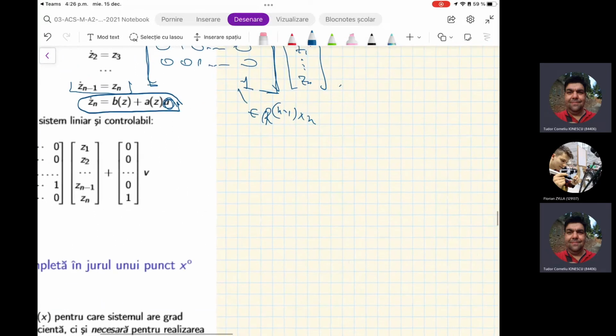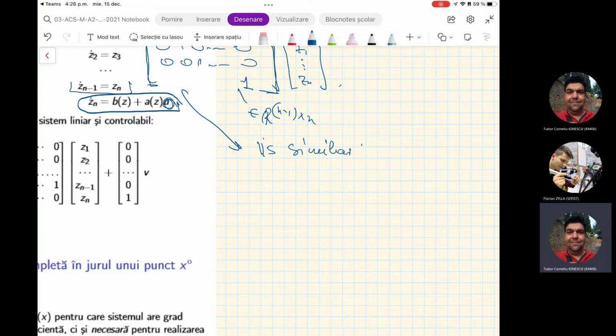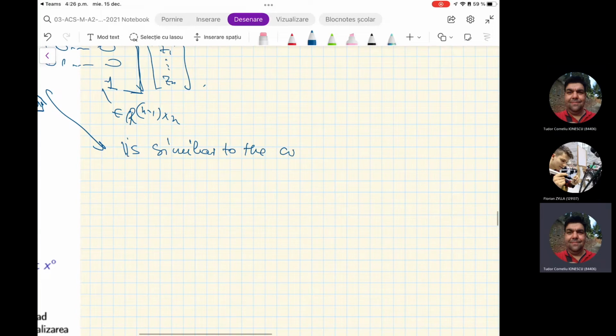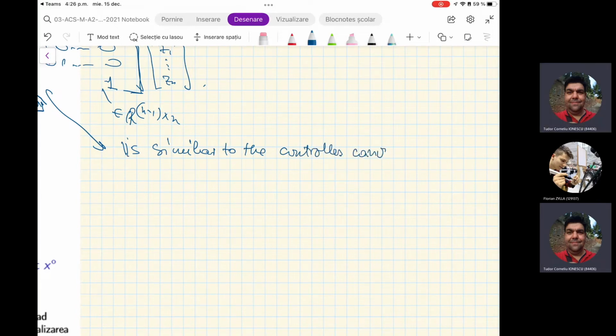If you look at this, it is not identical, it is similar to the controller canonical form.